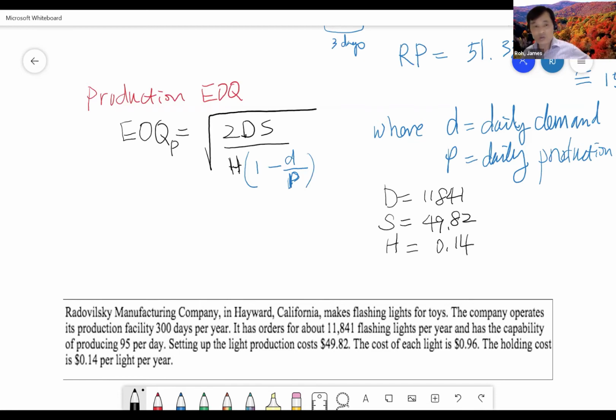Now your job is to figure out d, and we know that's going to be annual demand divided by number of working days. They are working 300 days per year, so 300 days is right there.